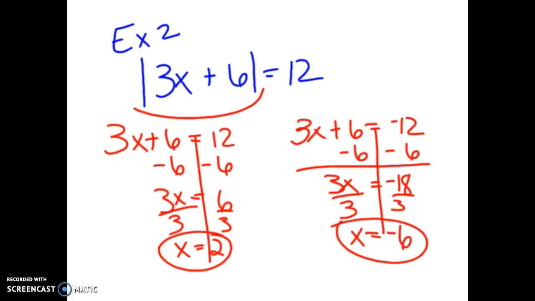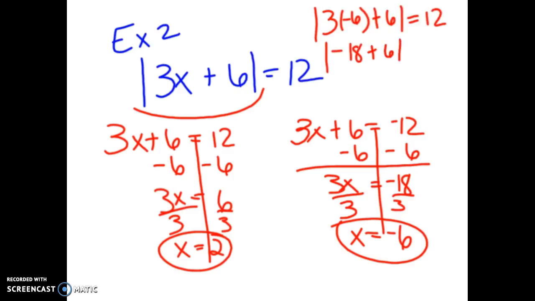When you plug them back into your equation, we can test that out. The absolute value of 3 times -6 plus 6 is equal to 12. So we have -18 plus 6, and -18 plus 6 is -12. The absolute value of -12 is 12.